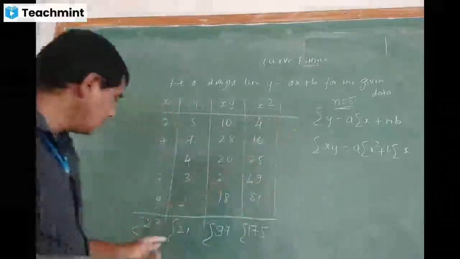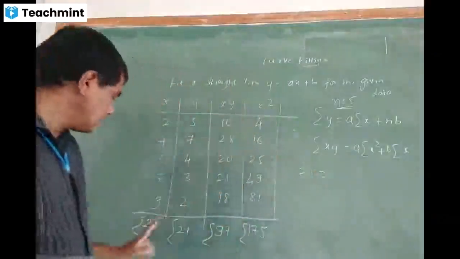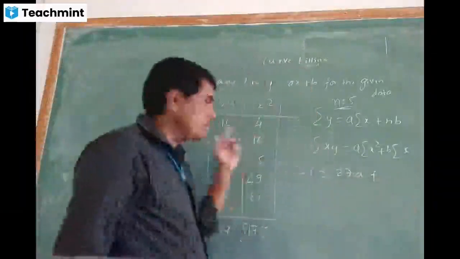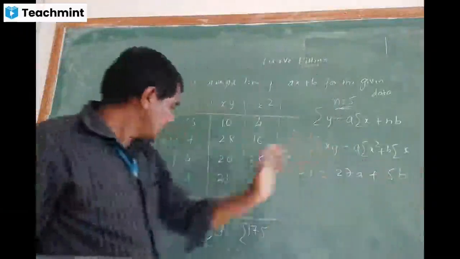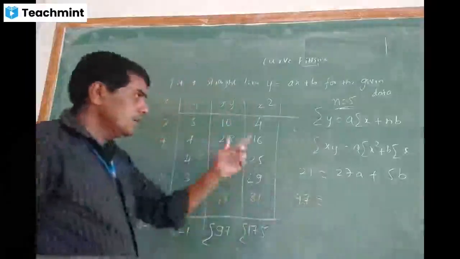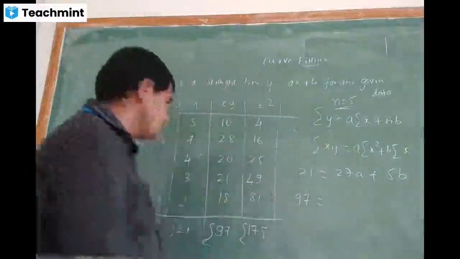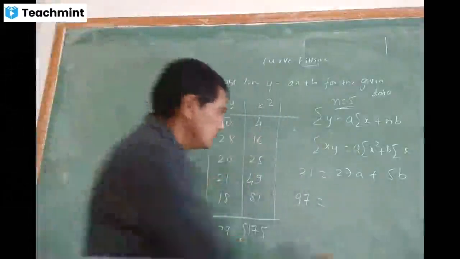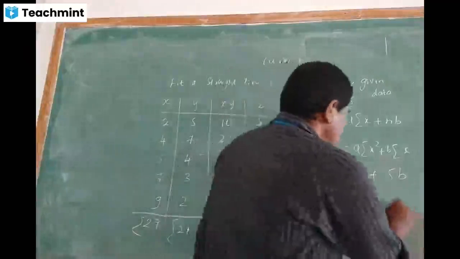Summation y, 21, is equal to a into summation x, where summation x is 27, plus n, which is 5, the number of observations, into b. Summation xy is equal to a into summation x square plus b into summation x, where summation x is 27.